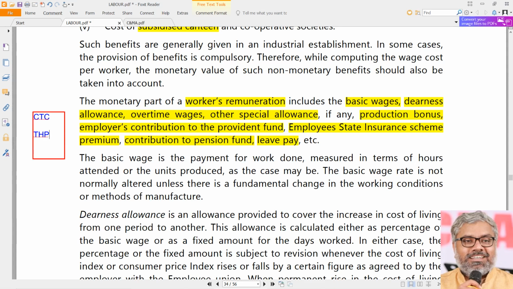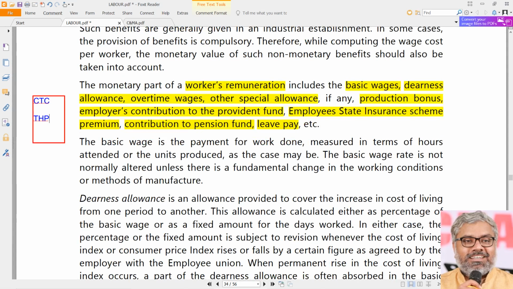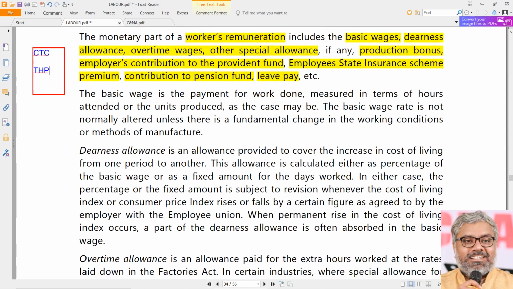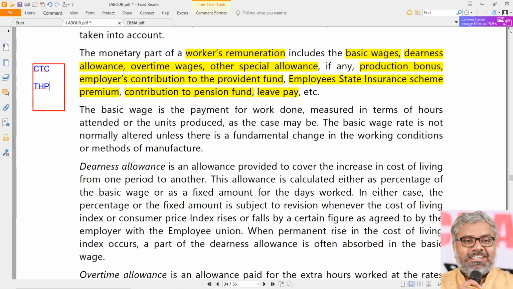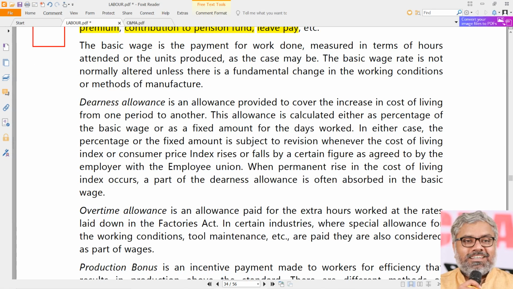If that understanding is not there, the HR recruiting agencies and the companies who might recruit you will easily fool you by quoting CTC. They will tell you this many lakhs package, like this. At the end of the day, how much you get in the pocket might be much lower. So this difference has to be understood by everybody. So that is about some of the monetary and non-monetary items included in the overall cost to the company.